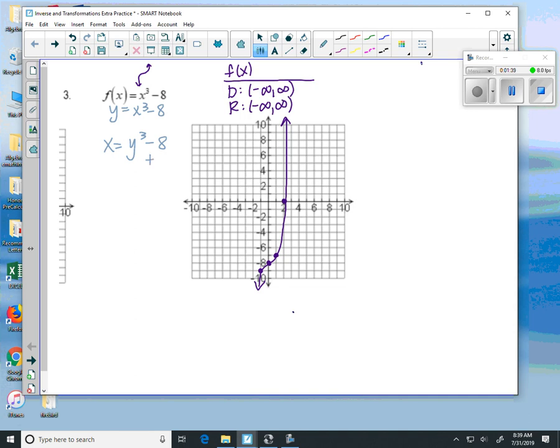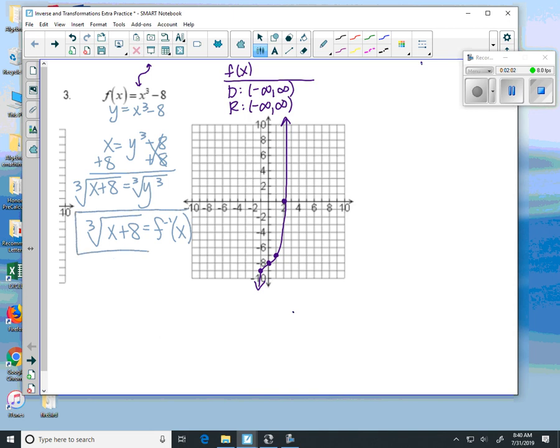So I really encourage you, write out the steps, even if it feels like you're in Algebra 1, that's okay. Algebra 1 is important stuff. Take the cube roots and do the cubes. And we denote the inverse using that f to the negative 1 of x.